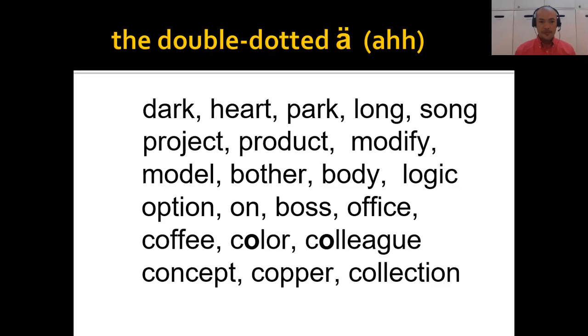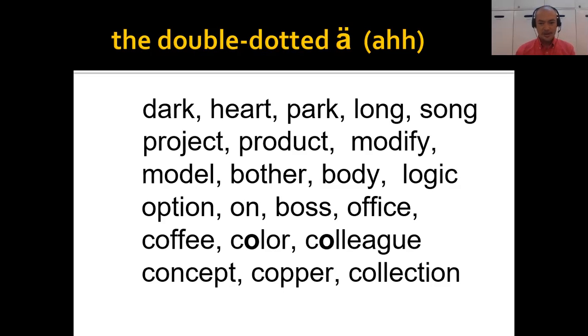Then we have project, product, modify. It's not modify, it's modify. And we have model, bother. It's different from brother. Brother is a different sound from bother. For bother, you have to drop your jaw. Same with body and buddy, with a U. It has a different sound as well.